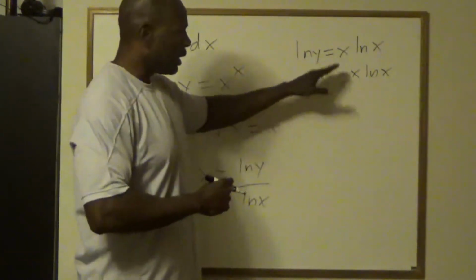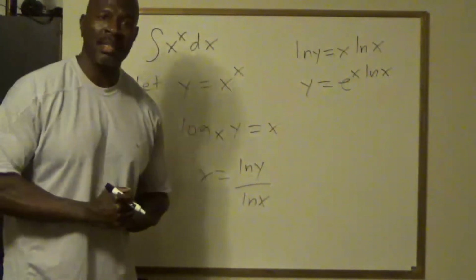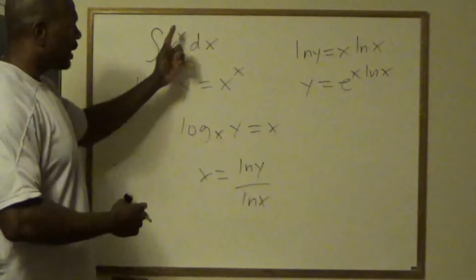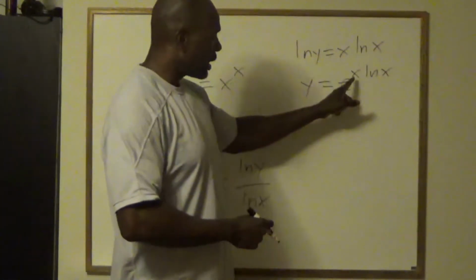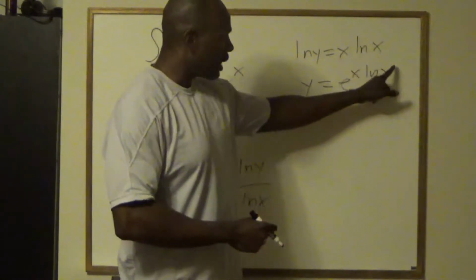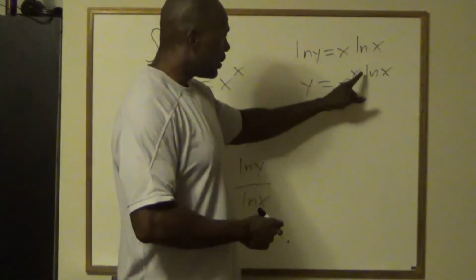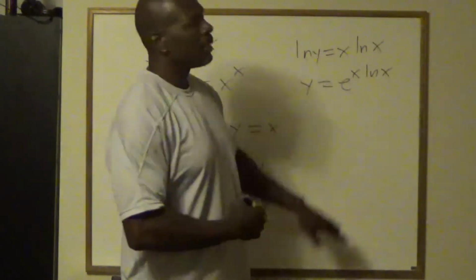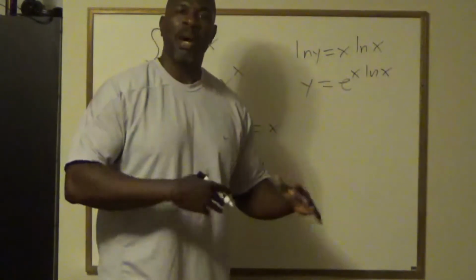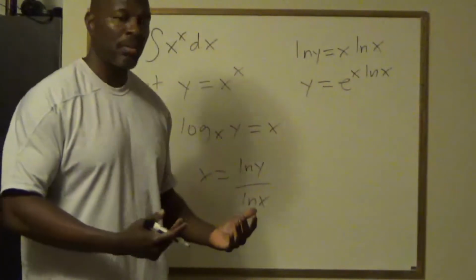This expression, e to the power of x ln x, is the exact same thing as x to the power of x. If you think about the properties of logarithms, the x in front of the logarithm can become an exponent, so this turns into ln of x to the power of x. And e to the power of ln of x to the power of x just gives you x to the power of x.